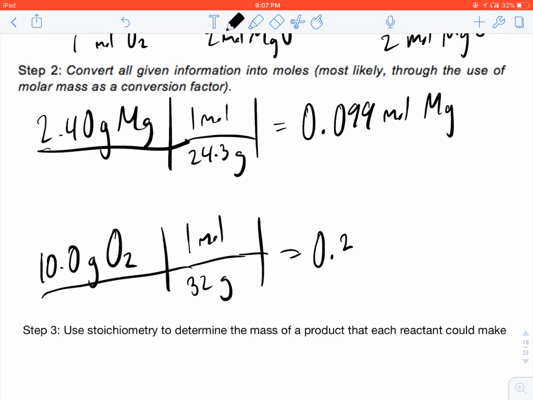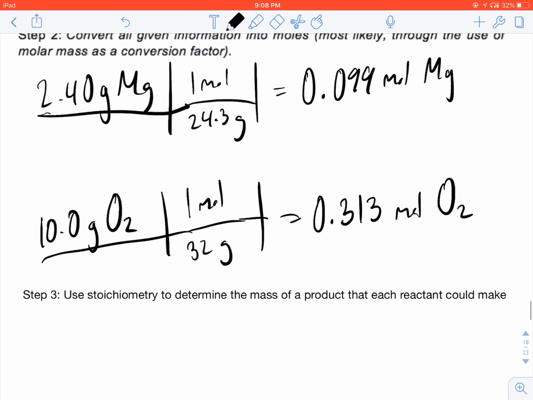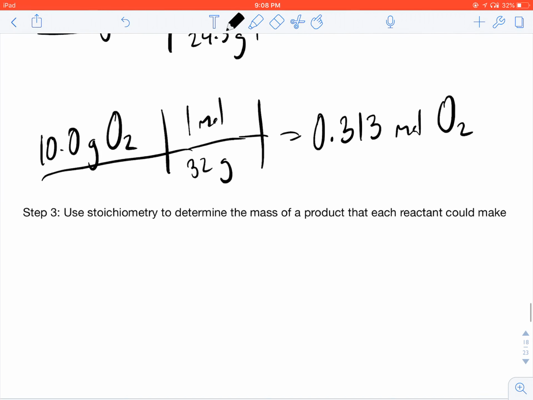And yeah, let's hope that's not the case. Okay, if you did some magic, if you used a calculator, if you used your amazing brain powers, you would get these mole values for magnesium and oxygen gas. So we are on our way to solving this problem. So let's move on to step 3 now.